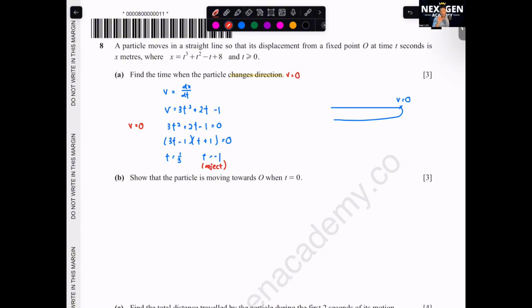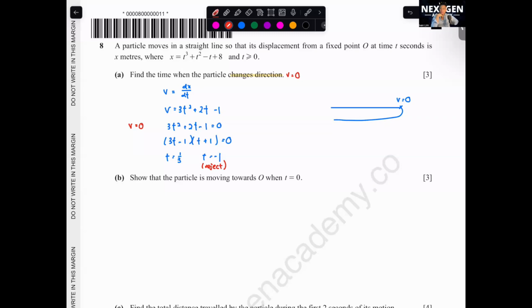And we also need to see where is the starting point. Where is the starting point of this O? If you look over here, did the particle start at the point of origin? I want you all to see the values.